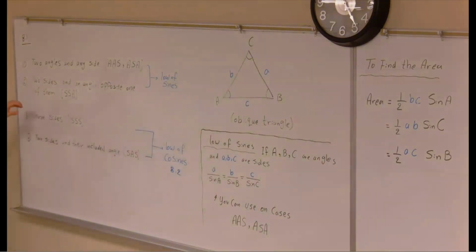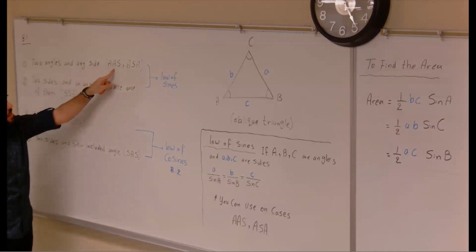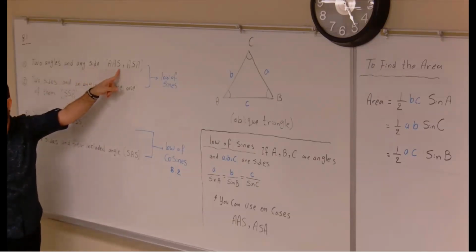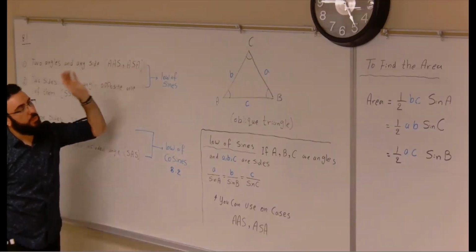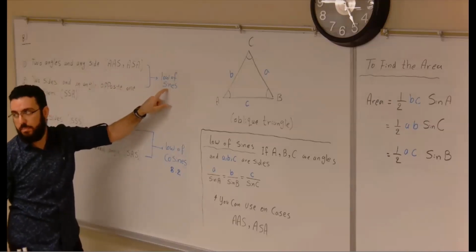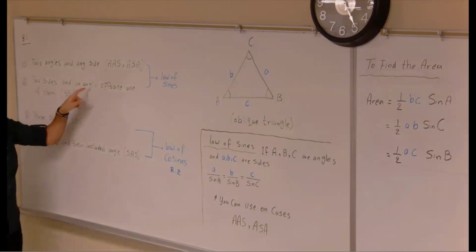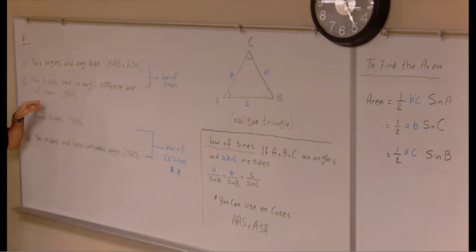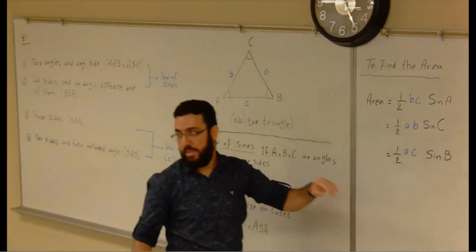Let's check the first 2 cases. If we have 2 angles and any side, angle, side, angle, or angle, angle, side, keep in mind you're going to use the law of sines. If you have 2 sides and an angle opposite one of them, we're going to study that later.